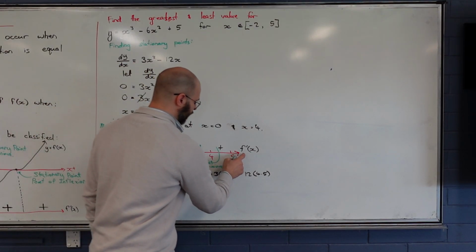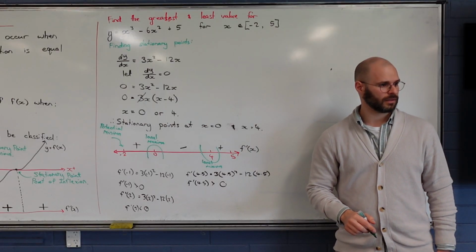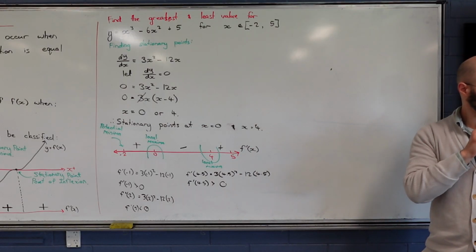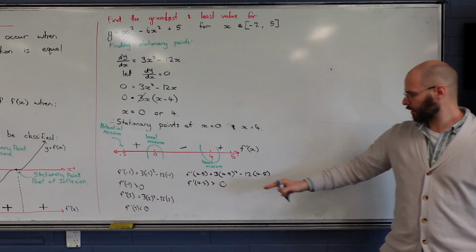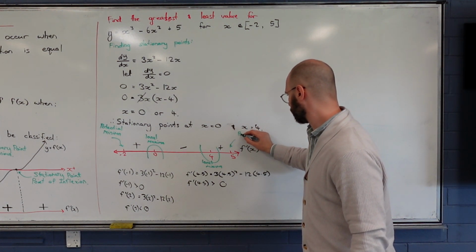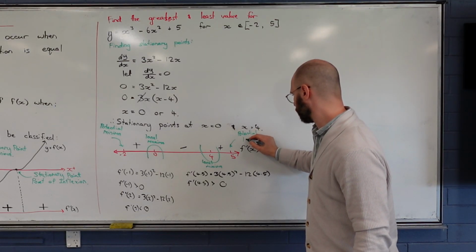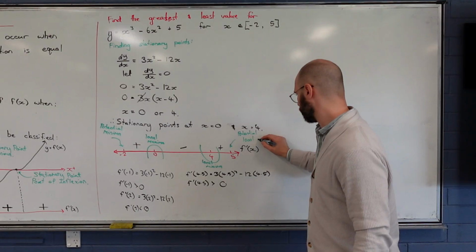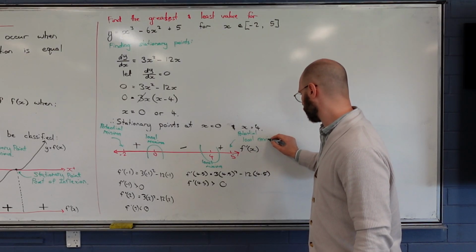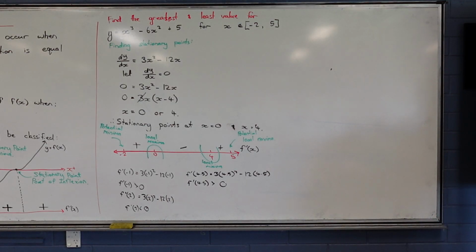All right, Harrison, what do we expect at 5? What could it potentially be? Potential local maximum. Why? Think about it.